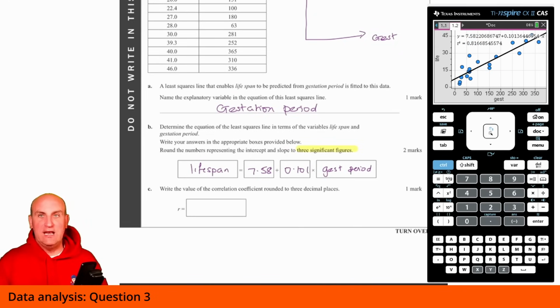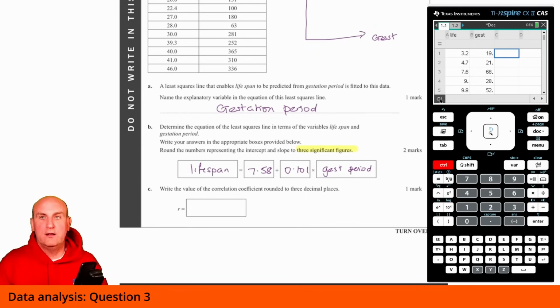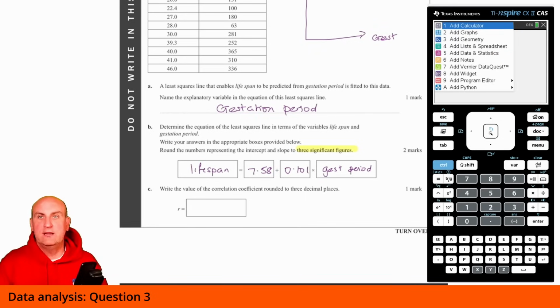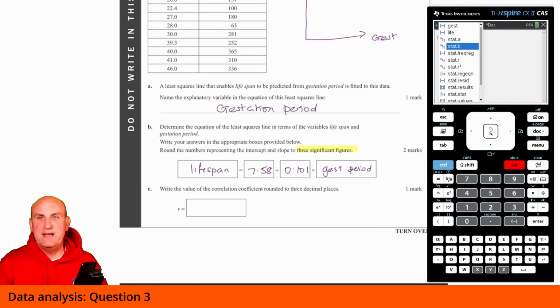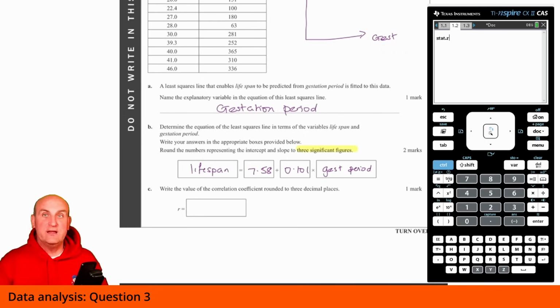When you clear down your screen and hit var, you'll notice there are all these things along here: gestation, life, stat A, stat B, stat freq, reg, stat R squared. Basically, stat A is your value of A, so when you've got y equals A plus BX, there's your A. Stat B is B, then stat R. If I click stat R and hit enter on my calculator, lo and behold, out comes the information for me.